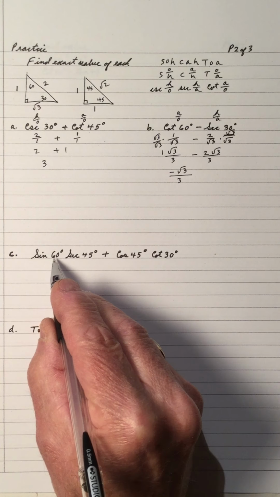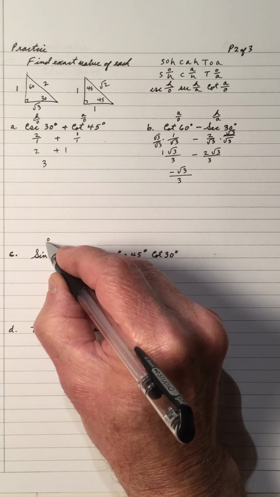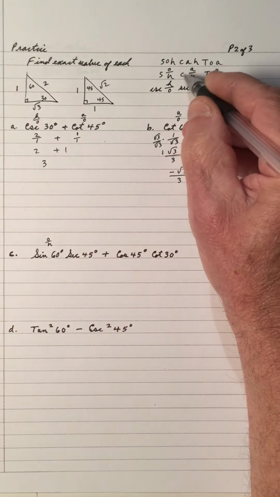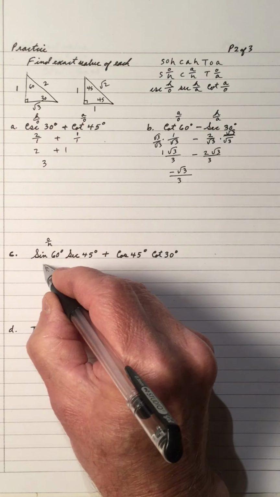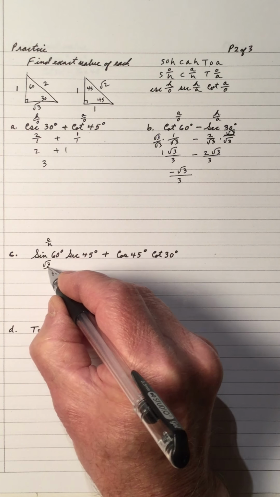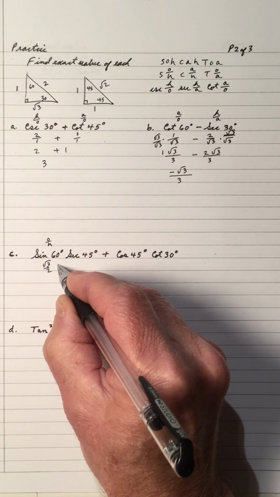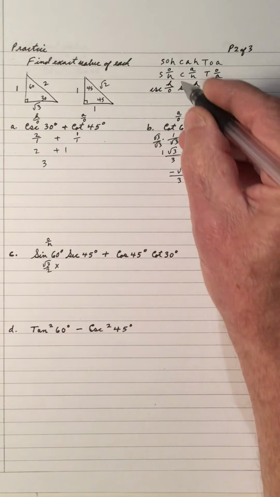Next, sine 60. Sine is opposite over hypotenuse. And sine 60, opposite, root 3 over 2. This is a multiplication, so I could put it in brackets or I could put a multiplication sign there. Secant 45.